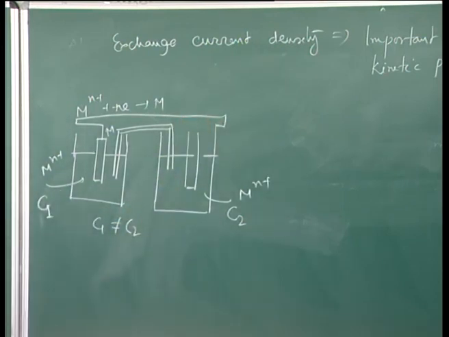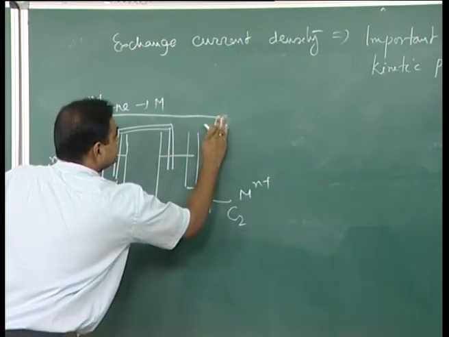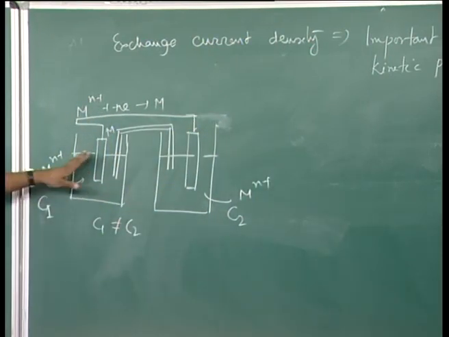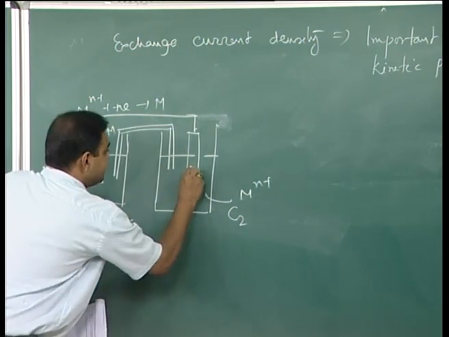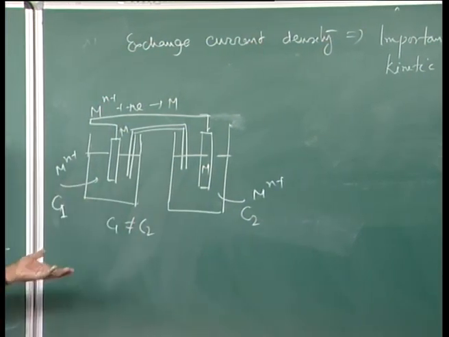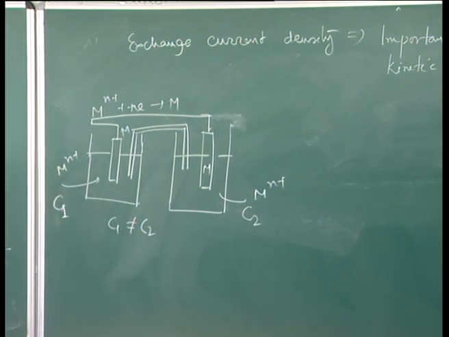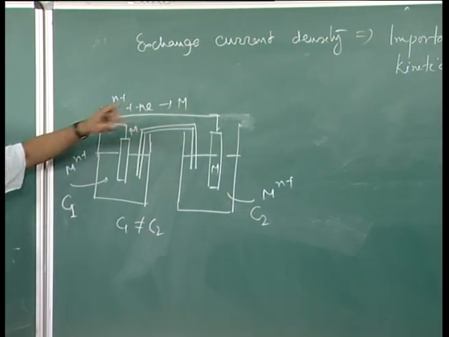If you connect it with a salt bridge and then connect with an external wire, then you will see the current is flowing. You have connected these two metal rods, the same metal rods, dipped in two different solutions, the same solution with a different concentration of M^n+ ion, and you have made the circuit complete.